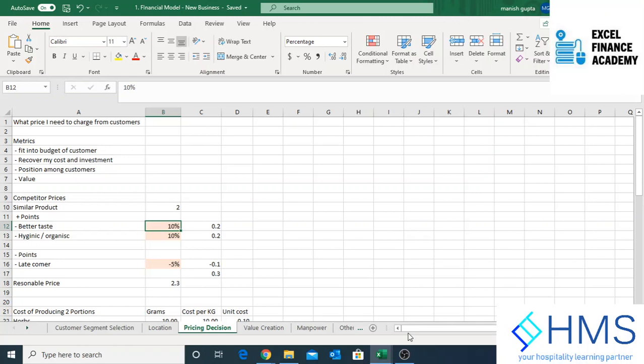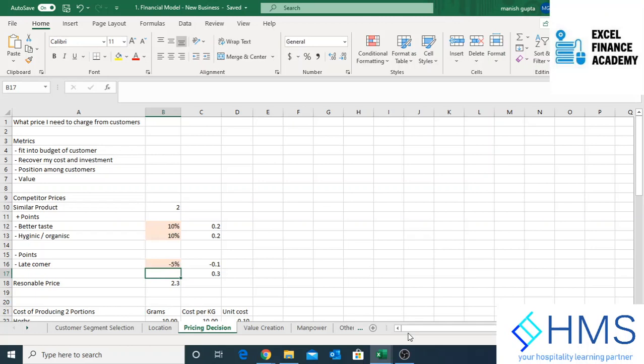We also discussed the other plus points and the negative points, what your negative points are compared to those similar products.